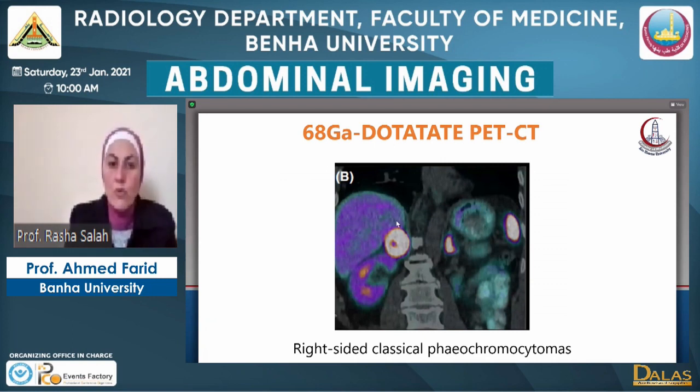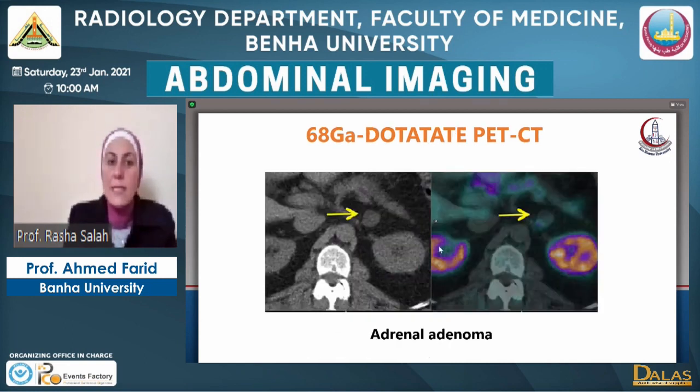This is an example of a right-sided pheochromocytoma with increased gallium dotatate uptake noted here, and note that the left suprarenal gland is also showing increased uptake, but if we refer to the morphologic CT assessment, then this is a physiologic uptake and the pathology is only located within the right suprarenal gland.